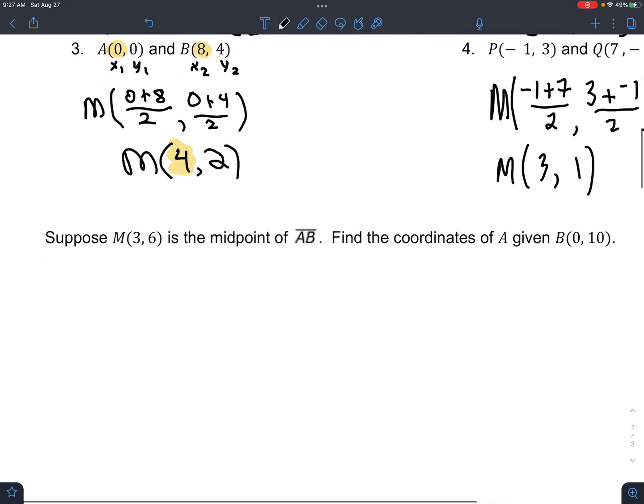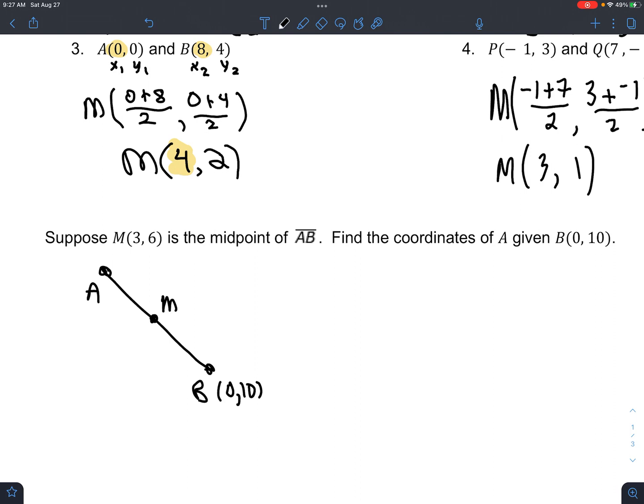Okay. So there's another way you could ask this too, is you could be given the midpoint and be asked about one of the other points. So if this is 0, 10, and this is 3, 6, the question is, how do you get A?